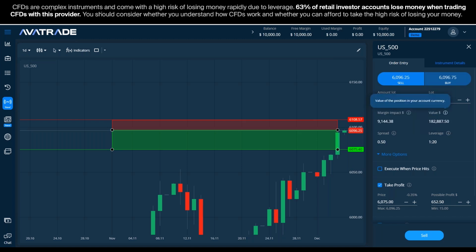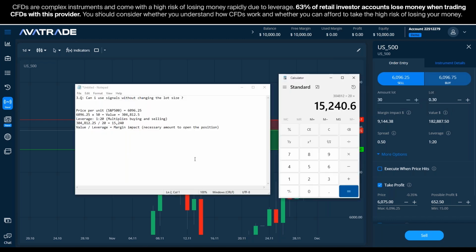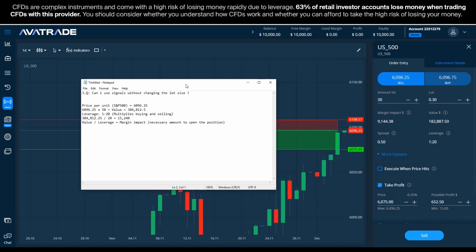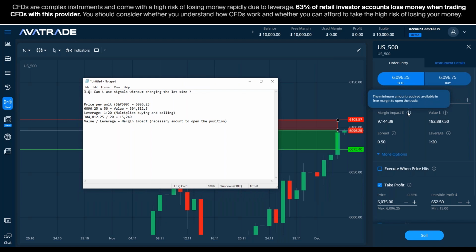But since I have a leverage of 20, I can get 20 times less, which gives me the ability to now take the position. However, having the ability to take the position does not mean that this is a wise decision to actualize almost 90% of my margin. Okay, it's also something that you should consider.